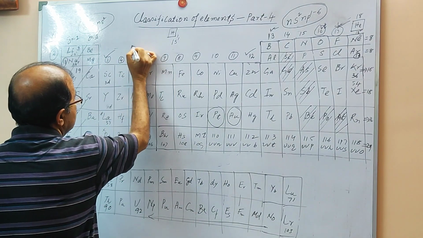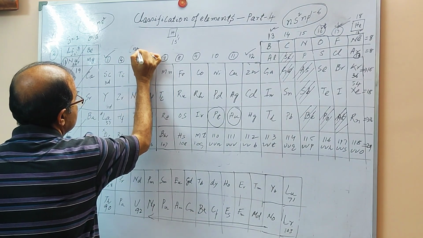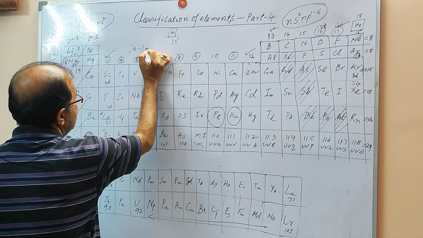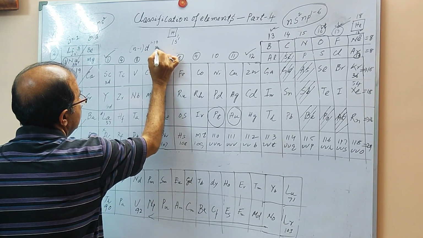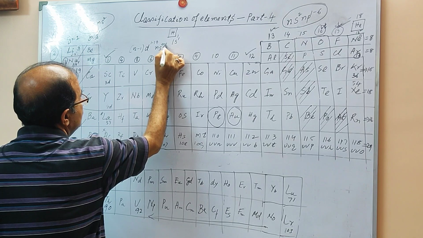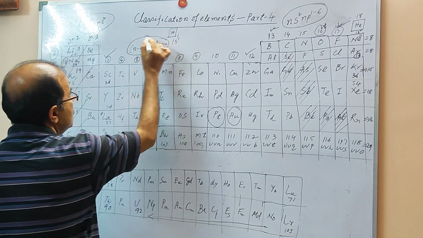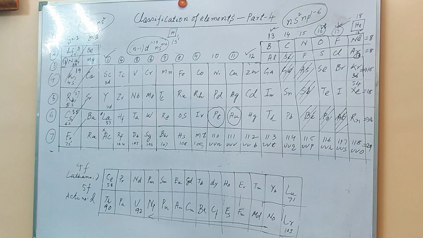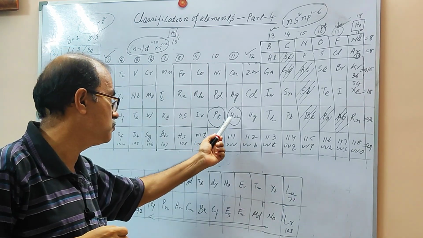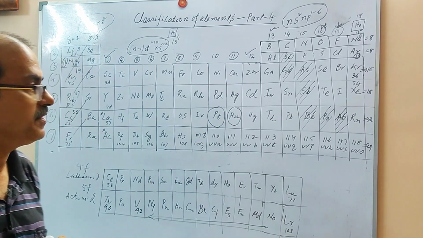For the D block elements, the general electron configuration is (n-1)d1 to 10 ns0 to 2. There are 40 D block elements you can see. D block elements form very versatile compounds, and they are totally metals, including precious metals, gold and platinum, as you can see here.